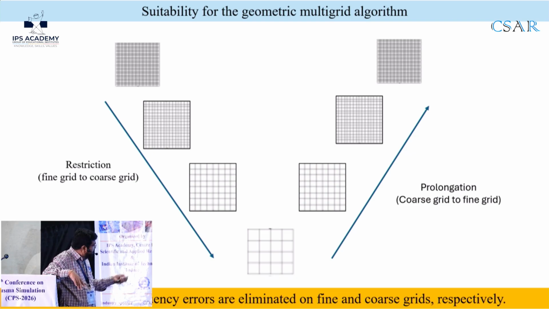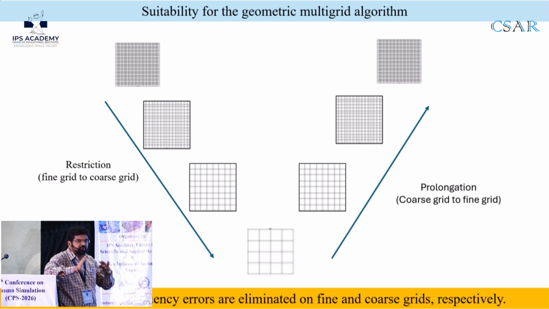To implement multi-grid, I need a structured grid. If my grid is distorted, I cannot easily do the multi-grid algorithm. So the advantage of this geometry is that multi-grid is naturally implemented. These are the two advantages.